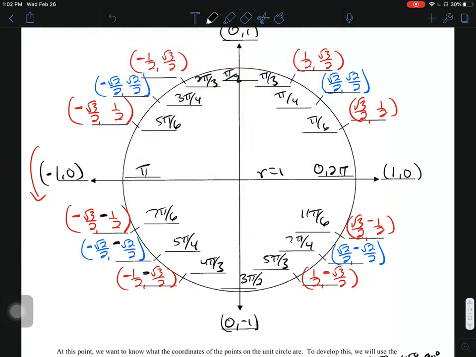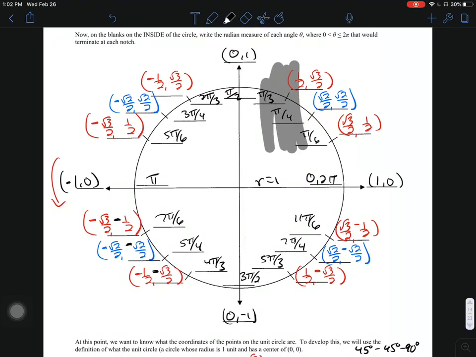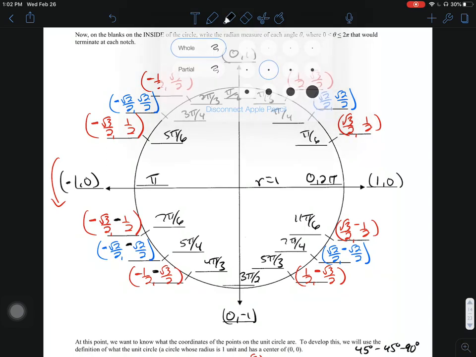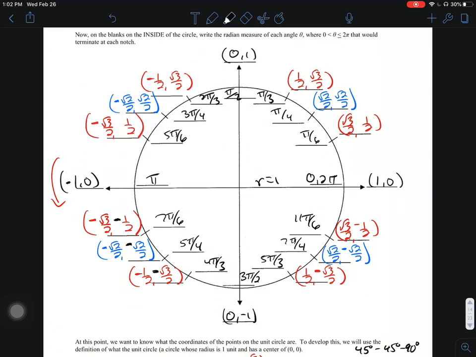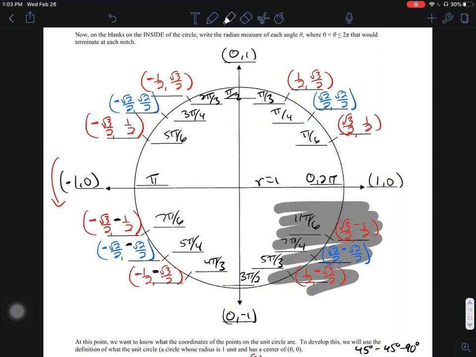Negative, negative, negative. Big picture wise, if you check this out, in quadrant 1, x and y values are both positive. In quadrant 2, x values are negative, y values are positive. In quadrant 3, x and y values are both negative. In quadrant 4, x's are positive and y's are negative.